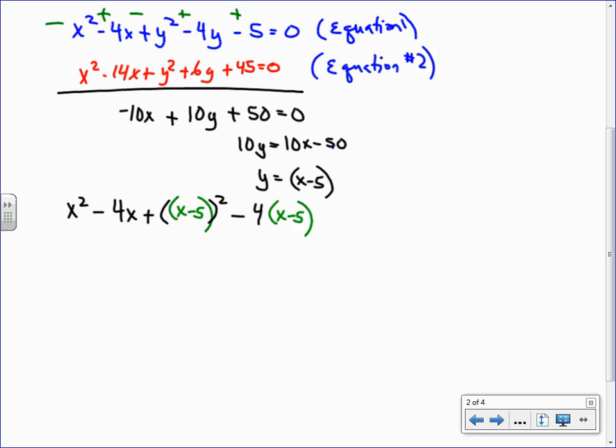What's next? Minus 5 equals 0. Keep going. X squared minus 4x plus x squared minus 10x plus 25 minus 4x plus 20 minus 5 equals 0.